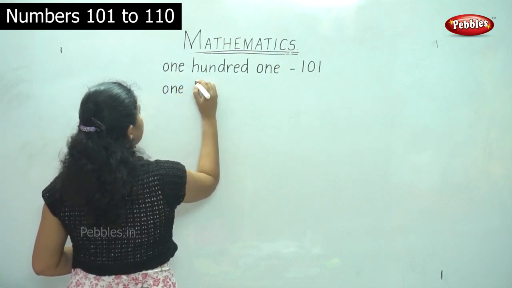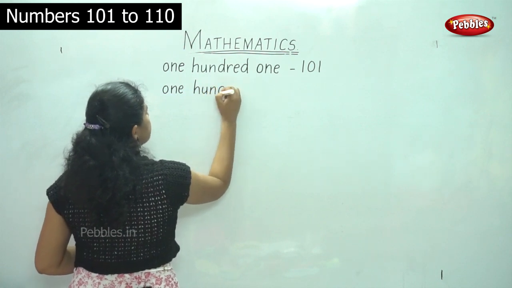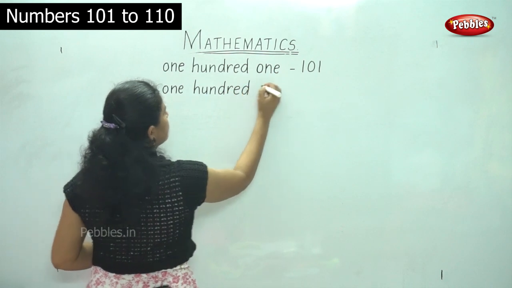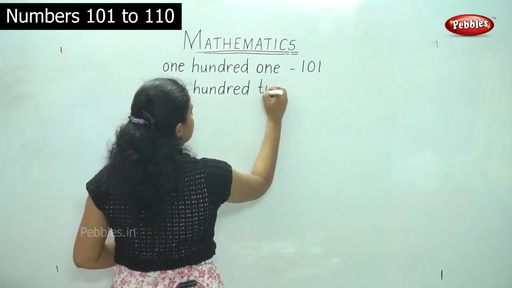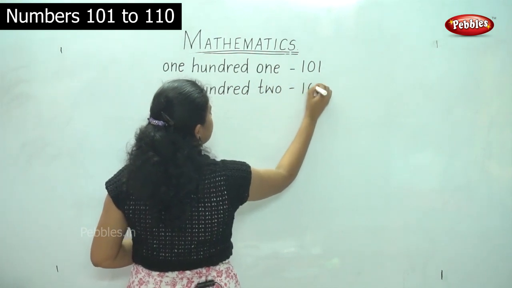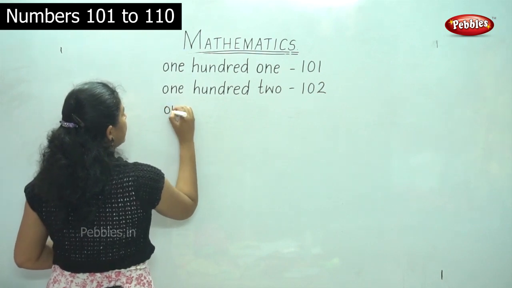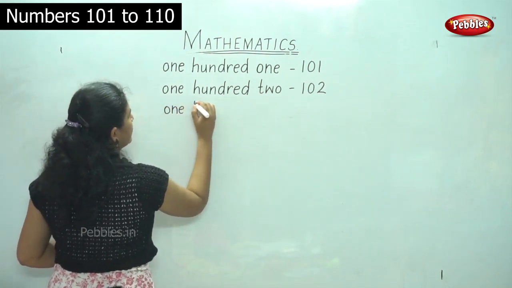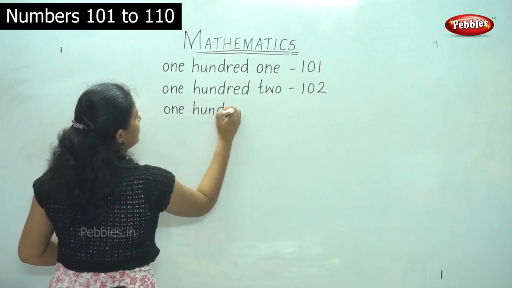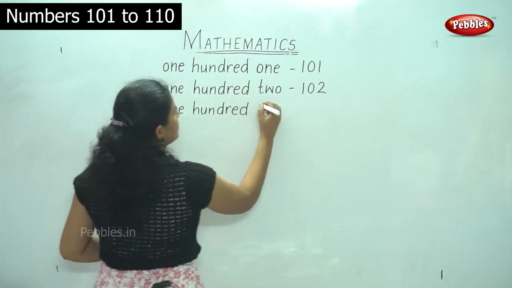The next is O-N-E, 1, H-U-N-D-R-E-D, 102. T-W-O, 2. So 102. O-N-E, 1, H-U-N-D-R-E-D, 100, 3.